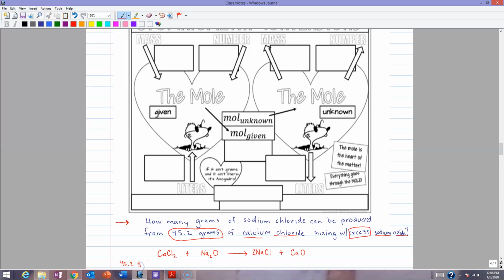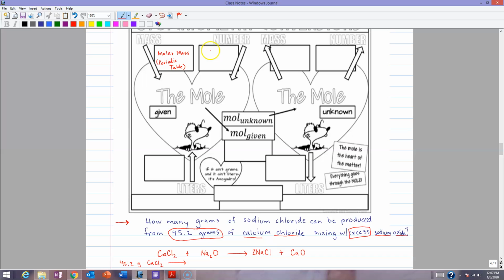Now, my given is that I have 45.2 grams of calcium chloride. Before I can go anywhere in my given, I have to convert it to moles. Since my given is in grams or in mass, I'm going to use the molar mass from the periodic table to convert it into moles.